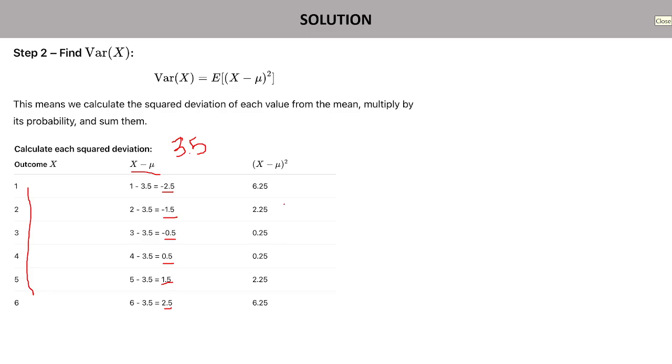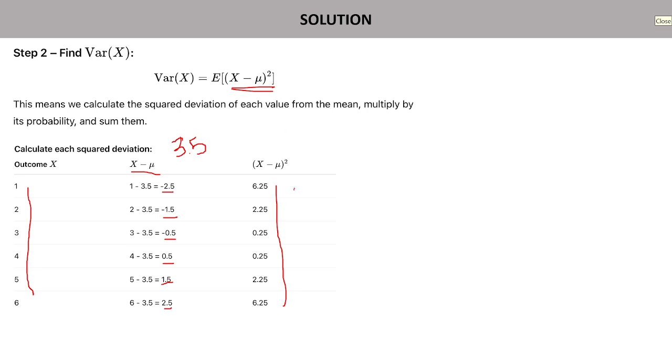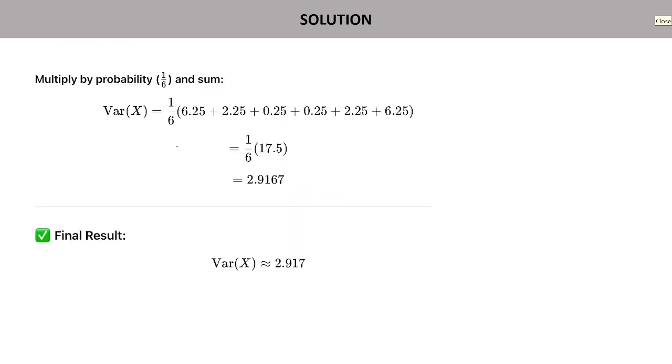And now we will have to square all these values, which will give us (x minus mu) squared, which is this value. Once we have the (x minus mu) squared values, it is simple to calculate the variance. The variance will be the probability times the sum of all these (x minus mu) squared values. The probability is 1 by 6, and we multiply it by the sum from our previous outcome.